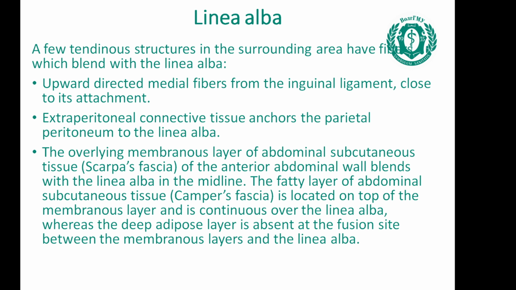The overlying membranous layer of abdominal subcutaneous tissue, Scarpa's fascia, of the anterior abdominal wall blends with the linea alba in the midline. The fatty layer of the abdominal subcutaneous tissue, Camper's fascia, is located on top of the membranous layer and is continuous over the linea alba, whereas the deep adipose layer is absent at the fusion site between the membranous layer and the linea alba.